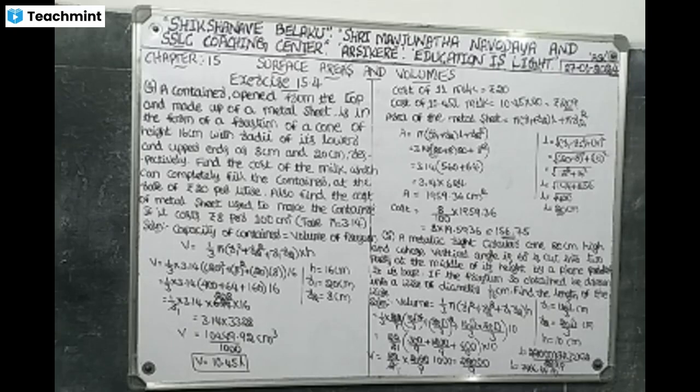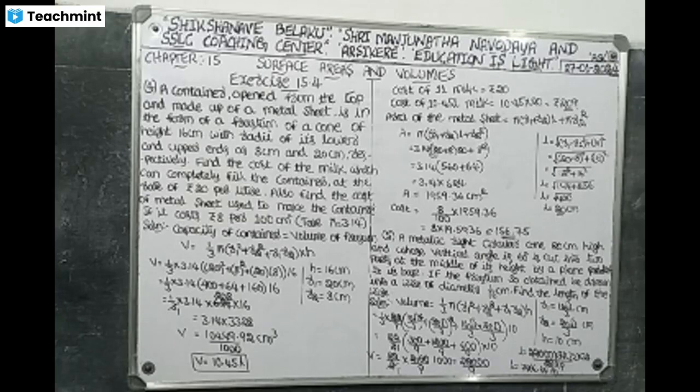Next, pi value is given 3.14, R1 20 plus R2 8, bracket close, L 20, plus R2 square 8 square. 3.14, bracket 20 plus 8, 28 into 20 is 560, plus 8 square 64. 3.14 into 560 plus 64, that is 624.